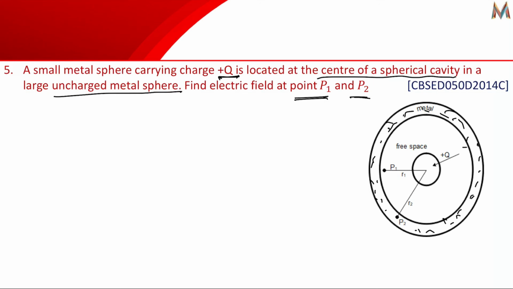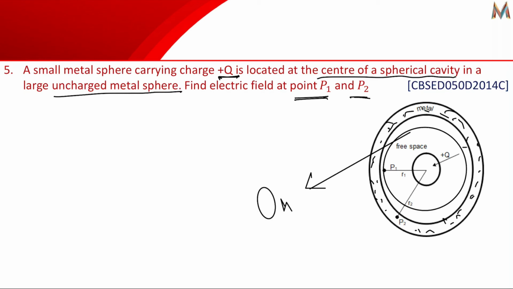So let us draw a Gaussian surface for finding the electric field at P1. Let us draw a Gaussian surface which includes this P1. This is the Gaussian surface we have drawn.